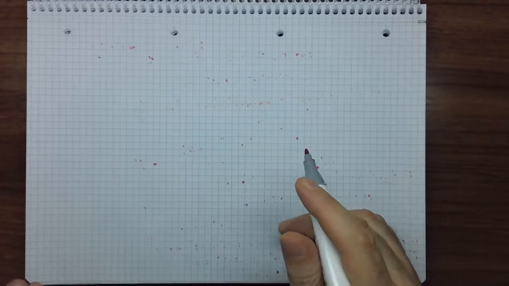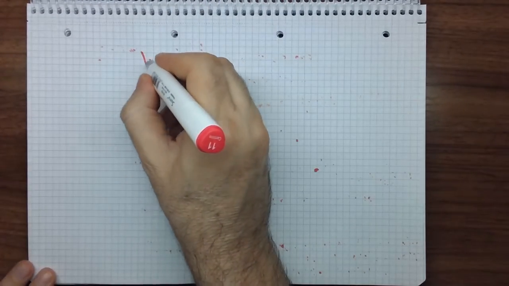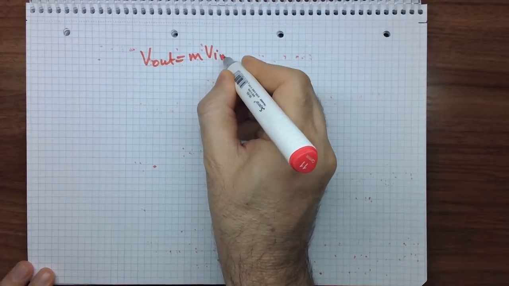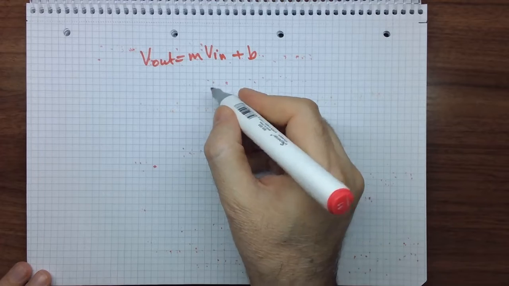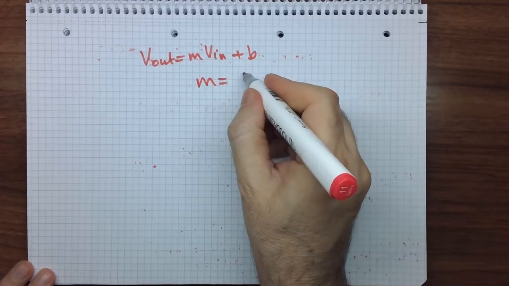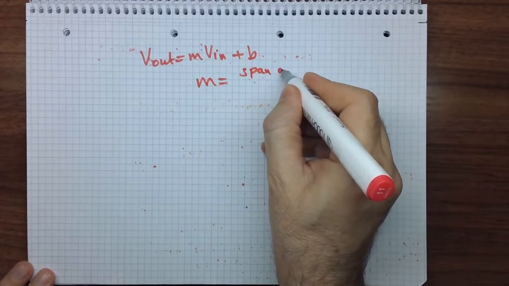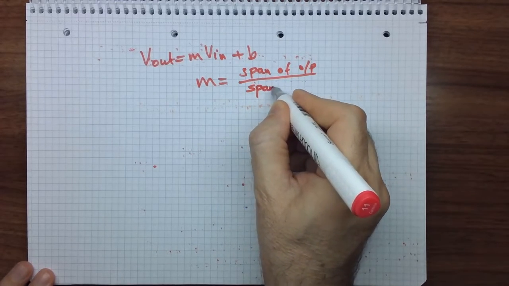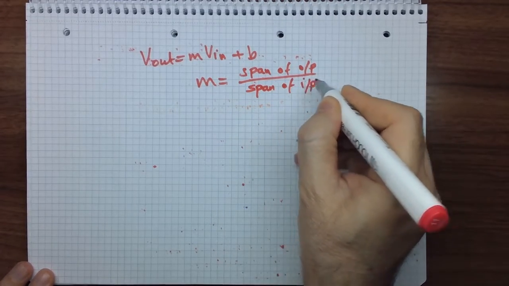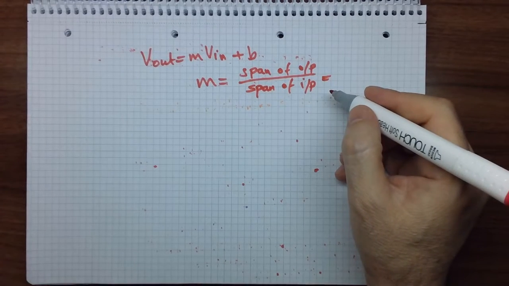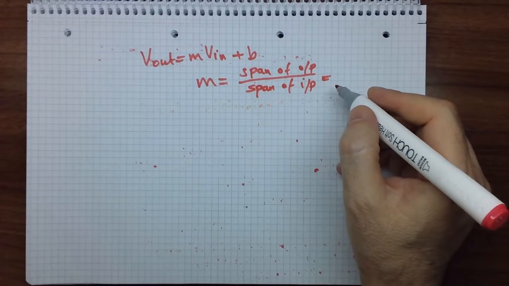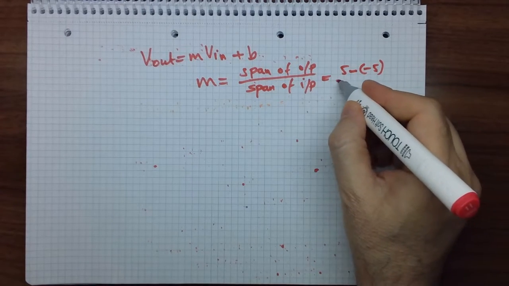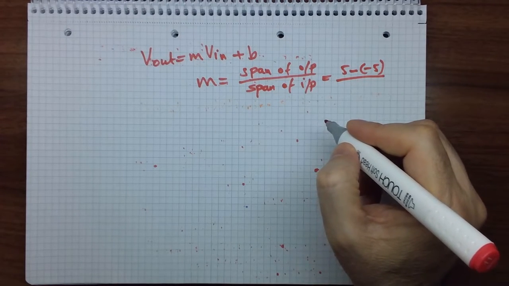We have the equation Vout is equal to M Vn plus B. M is equal to the span of output over the span of input, and the output is from -5 to +5, so it is 5 minus -5 divided by the span of the input.